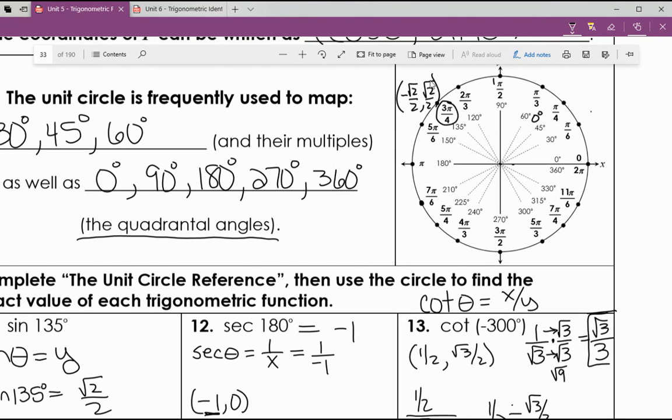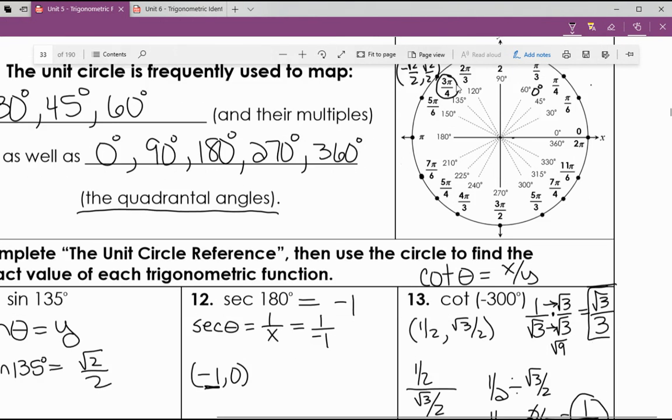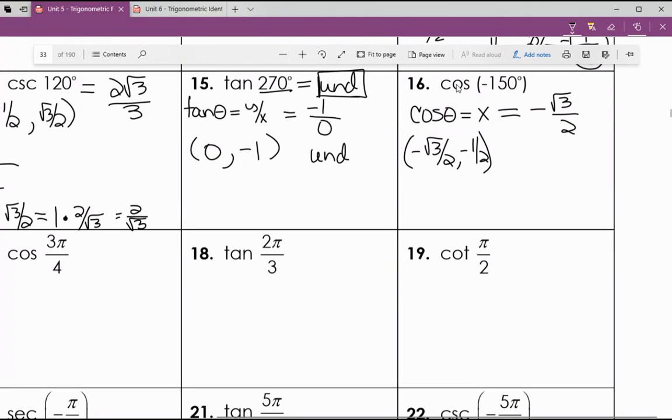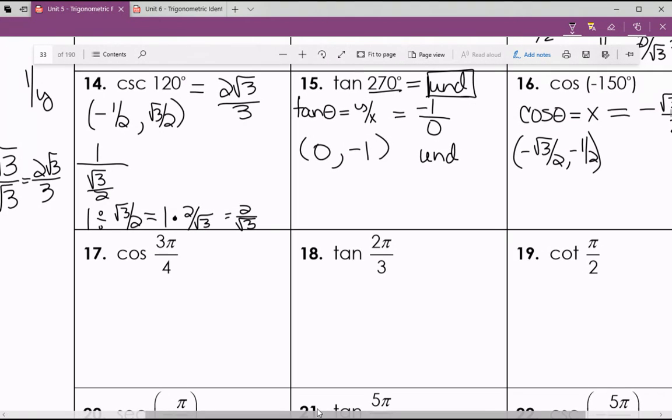So I know my x and y value. So when I come back down here, cosine of any angle is the x coordinate. So if I'm using the ordered pair negative root 2 over 2 and positive root 2 over 2, my outcome is the x value.